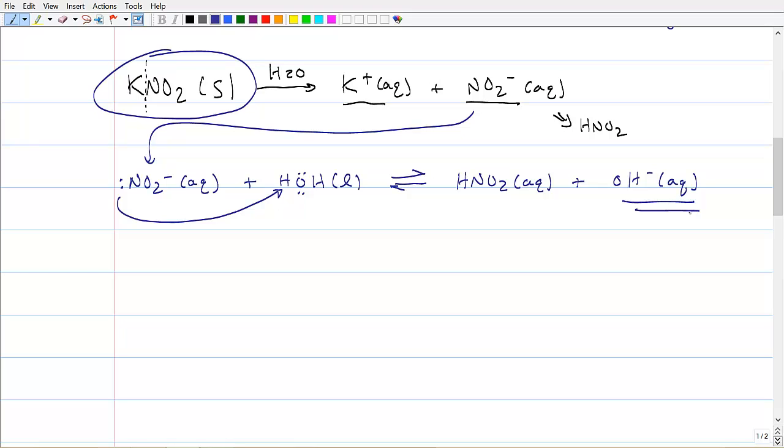One of the keys for you to succeed in this ionic equilibria is to be able to write the proper equilibrium. These hydrolysis equilibria are hard to identify, and it takes practice, just doing one after the other until you can identify how things are going to break apart into individual ions. And then you can write the proper equilibrium for your problem. I hope this helps you out, and good luck.